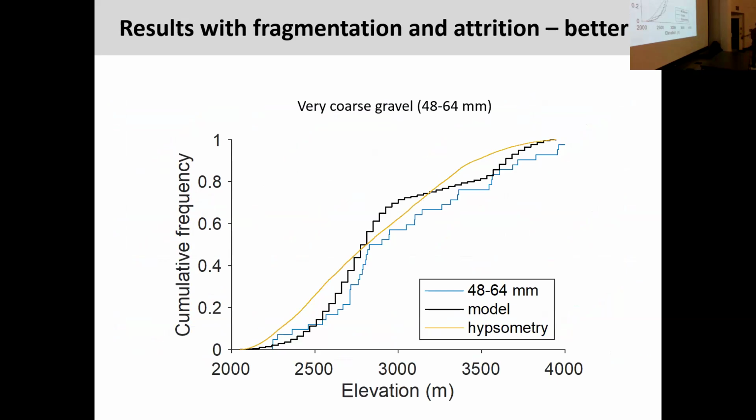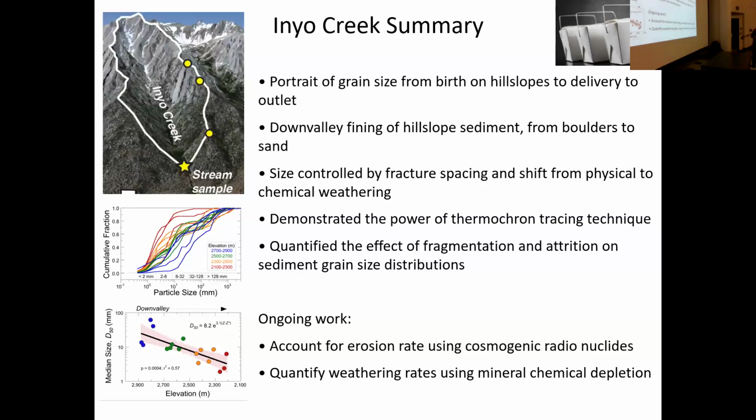So in summary, we've got a portrait of the life cycle of all the particles in this watershed. It's a fuzzy portrait, but we got it from birth to delivery to the outlet. We see downvalley fining of the hillslope sediment, ranging from boulders to sand, and that the size is controlled in part by the fracture spacing and a shift from physical to chemical weathering.